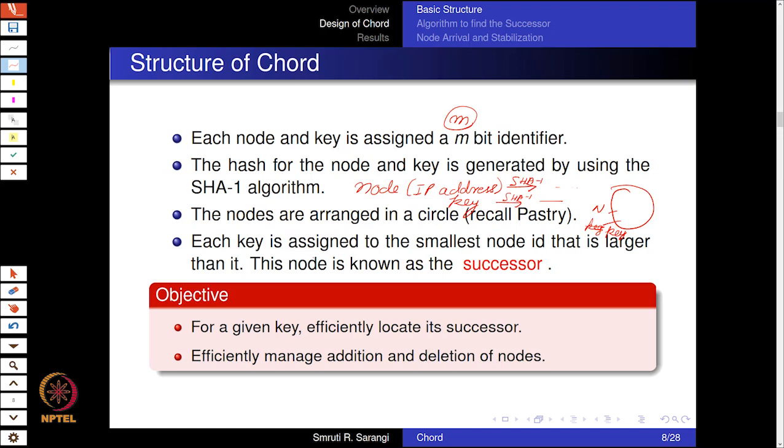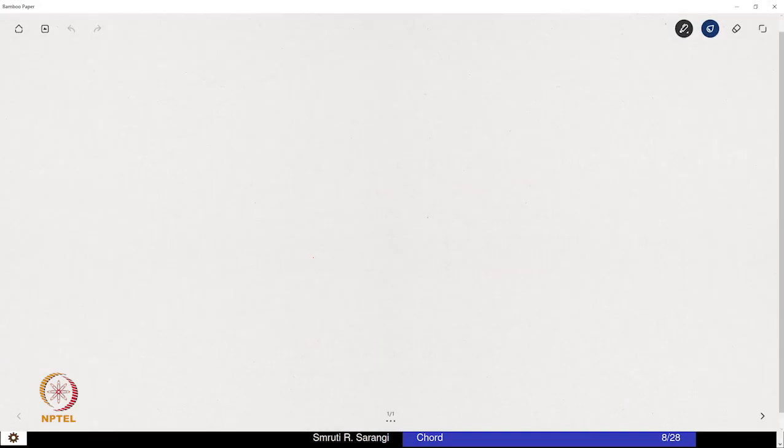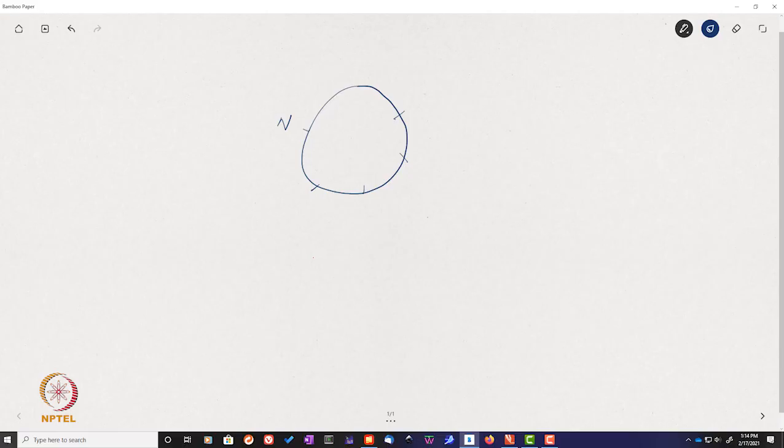Flexibility in this case basically means that we can add as many nodes as we want, we can remove as many nodes as we want. So what is an advantage? I'll just quickly show it over here. One advantage of this scheme is that, let's say we have the circular ring and we have some nodes, and let's say that it is the time of a festival.